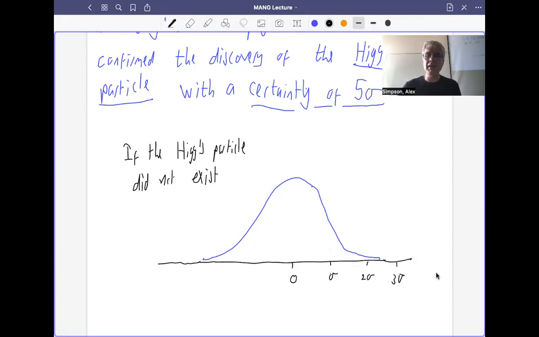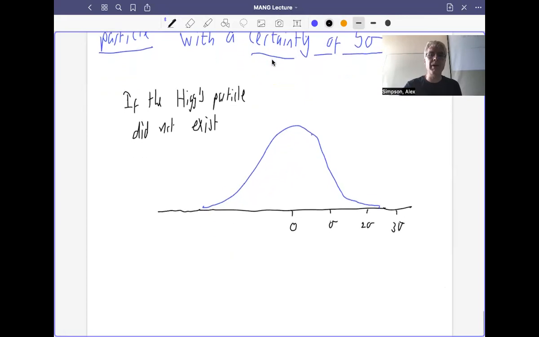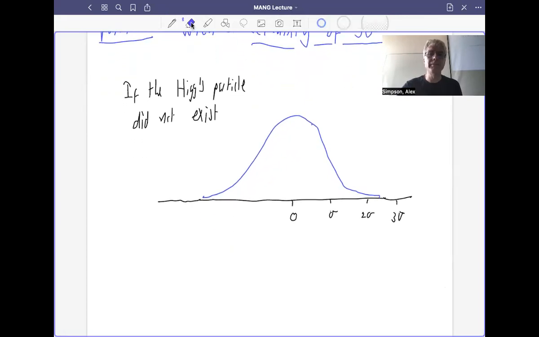But actually, the observed result from their experiment is off this picture. It is greater than 5 sigma away from the mean, 5 standard deviations away from the mean.